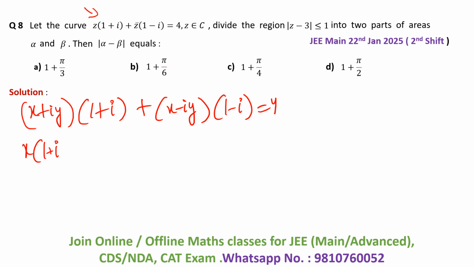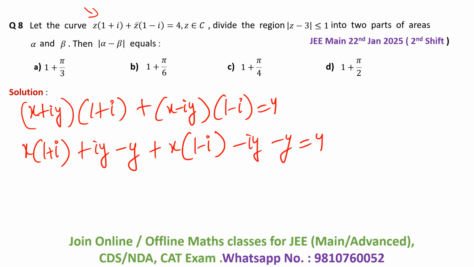You will be getting x into, inside the bracket, 1 plus iota y plus iota square y, which is nothing but minus y because iota square is equal to minus 1, plus x into, inside the bracket, 1 minus iota y minus y equal to 4. Now students, when you add all the terms, you will be getting 2x minus 2y equal to 4, or just x minus y equal to 2. So that means this represents a straight line.